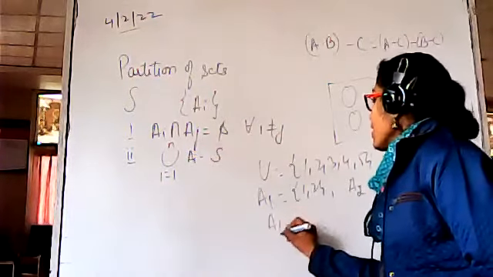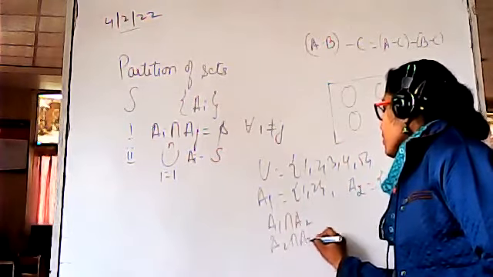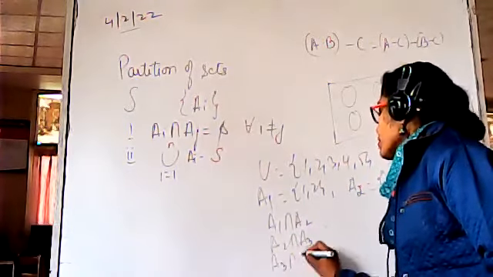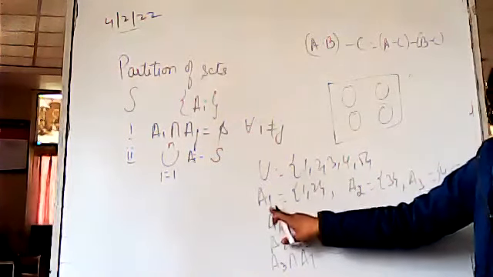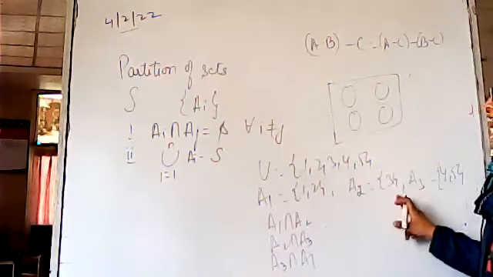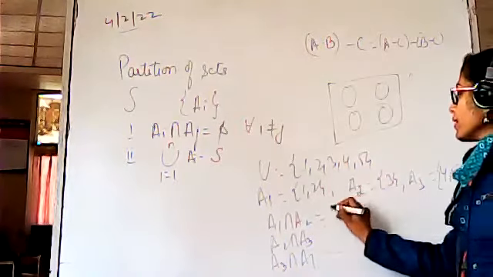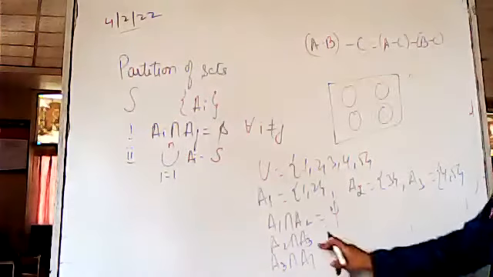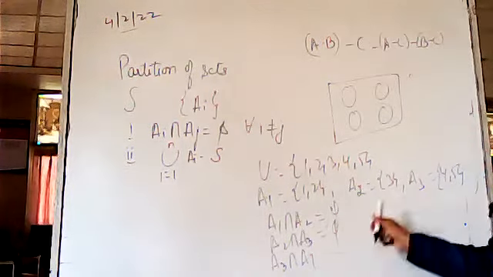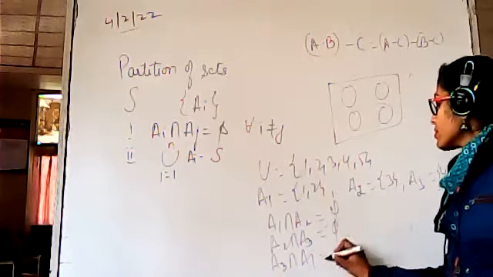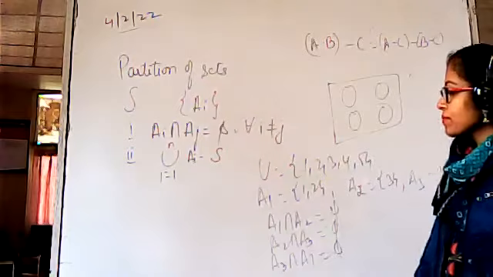What does this mean? That A1 intersection A2, A2 intersection A3, and A3 intersection A1. We are having these three sets, so intersection of every set with other set. A1 intersection A2, is there any common? Nothing is common. It will be phi. A2 intersection A3, nothing is common, it will be again equals to phi, and A3 intersection A1 is again equals to phi. So first condition is satisfied for every subset.